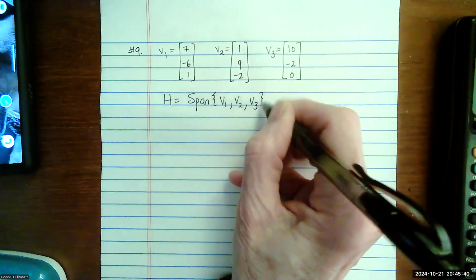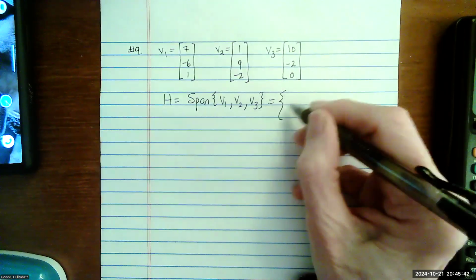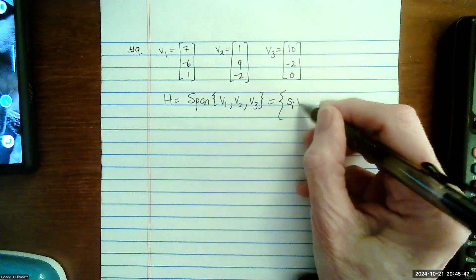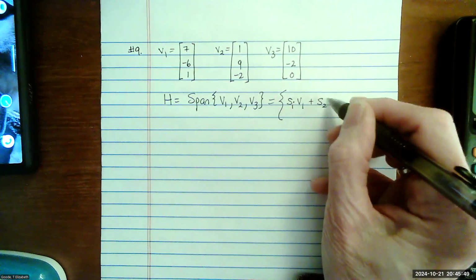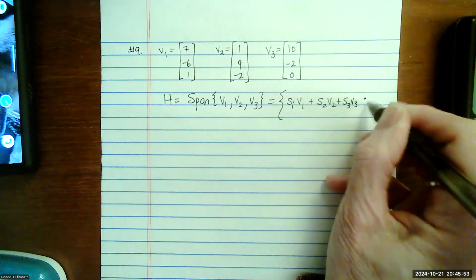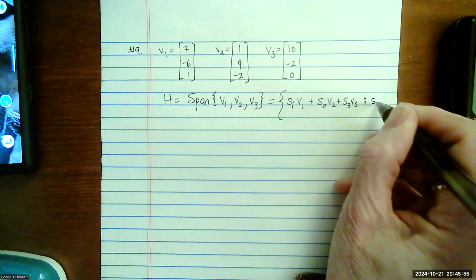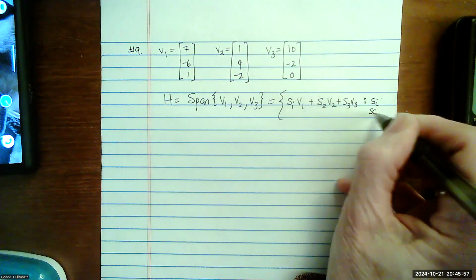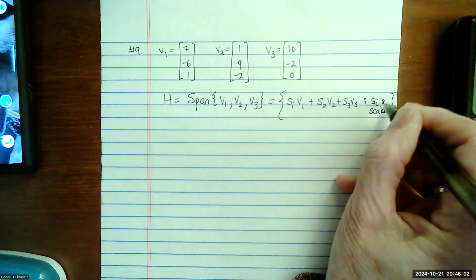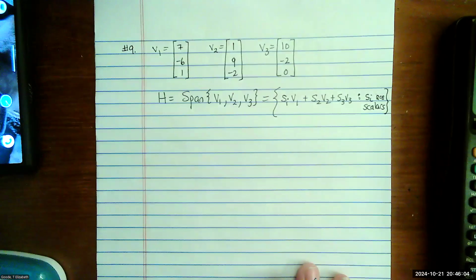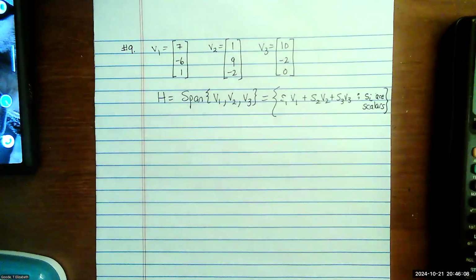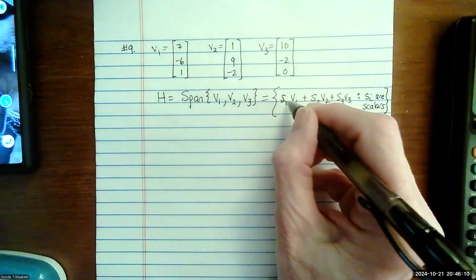So you can think of it as the set of S1 times V1 plus S2 times V2 plus S3 times V3, where the S sub i's are scalars. They're just weights. This isn't supposed to be a dot there. It's supposed to be S1 times.